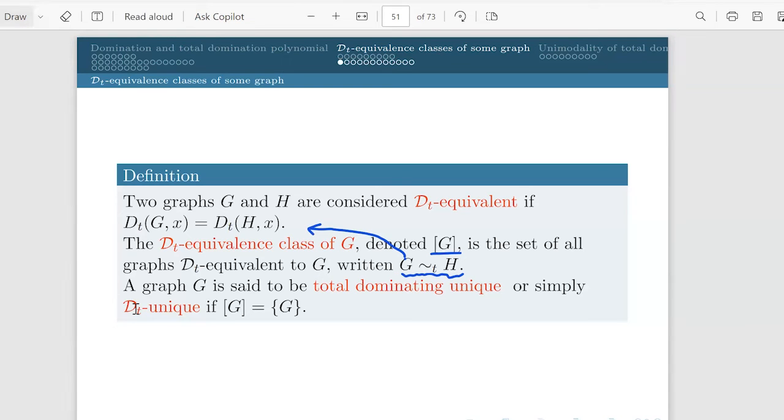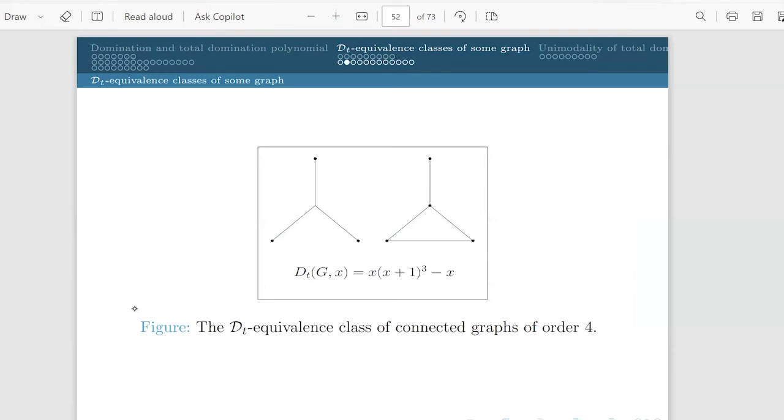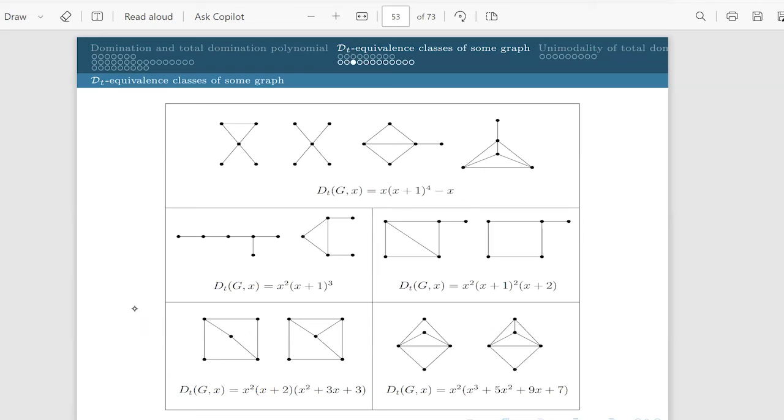For example, here you see all the DT equivalence classes of connected graphs of order 4. And here you see other graphs of order 4. They are in one class, and you see these two are in one class, and so on.